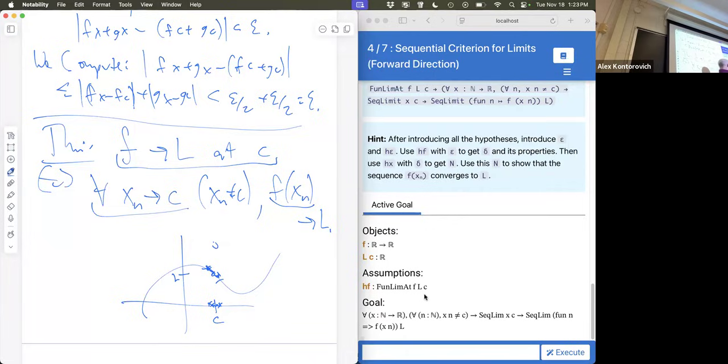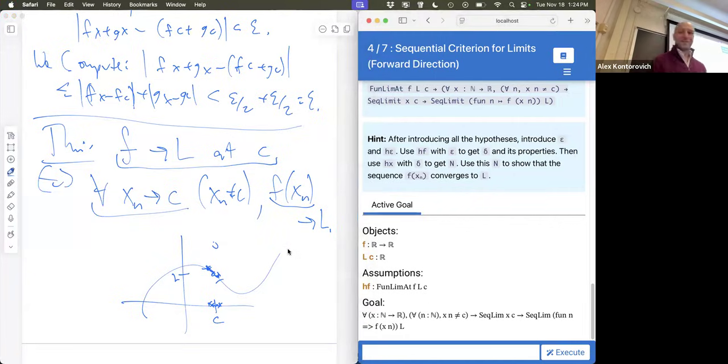I say not only do I not want the all C's sequence, the only sequences I'll allow are ones that never touch C. This is too strong a condition, but you're right that you could say eventually it never is equal to C. I'm just going to say for all values, it's not equal to C. Does that make sense? Okay, so let's prove this.